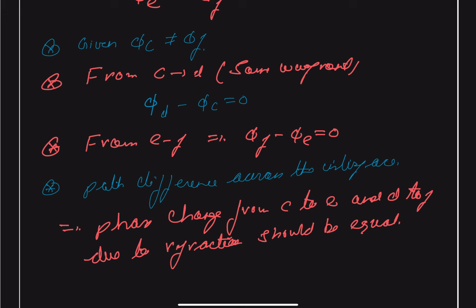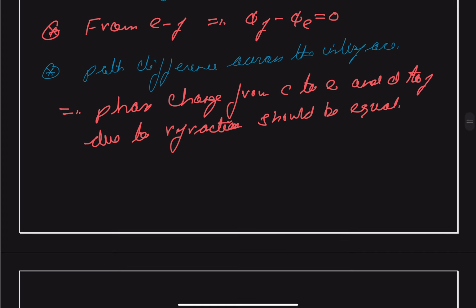Should be equal, because the light is going to have the same optical path, because wave fronts are considered continuous across the boundary. Based on this, we can write that phi of t minus phi of f should be equal to phi of c minus phi of e.